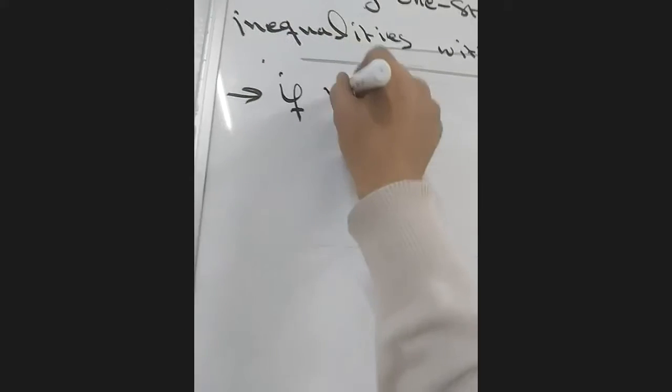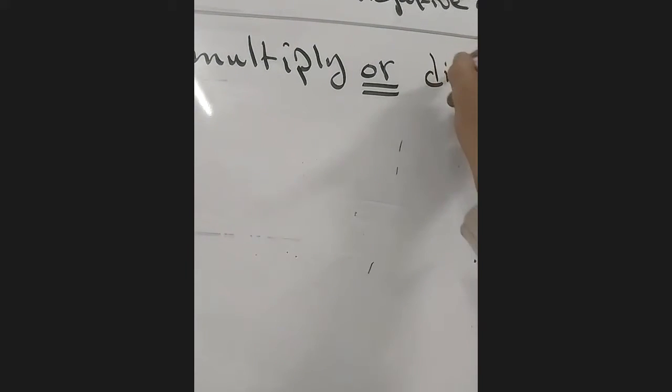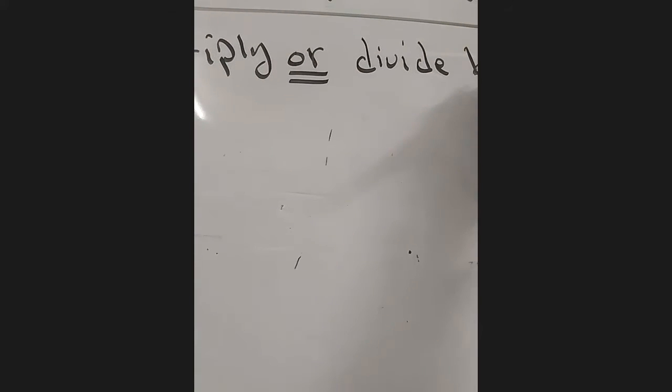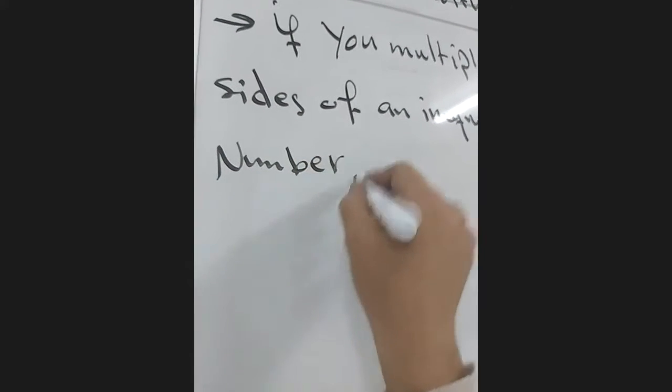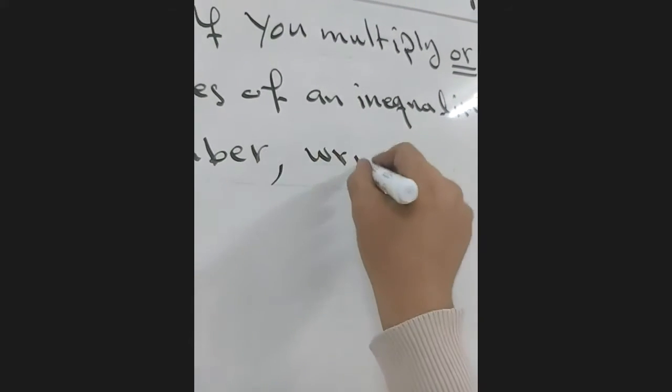If you multiply or divide both sides of an inequality by a negative number, write the opposite of the inequality sign.